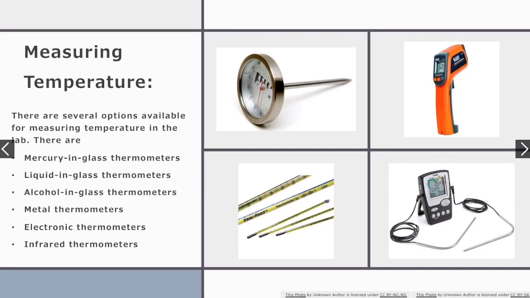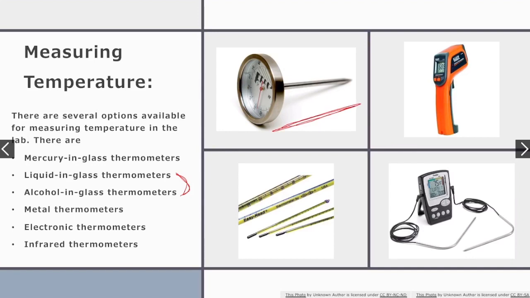So, some different options that we have in the lab for measuring temperature. The most common ones that we have are these liquid or alcohol-filled glass thermometers. There are mercury thermometers. I don't believe that we have any at our school. But then we also have some metal thermometers. Something like this could be used for a crude temperature measurement.